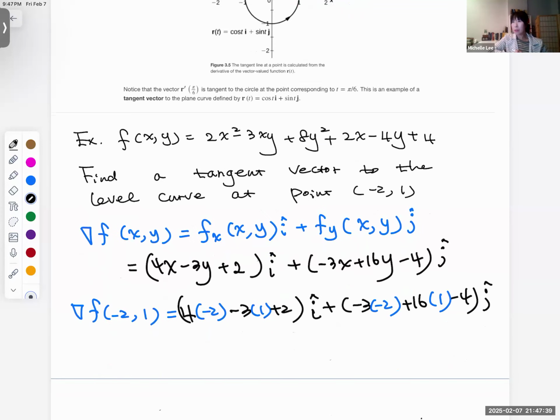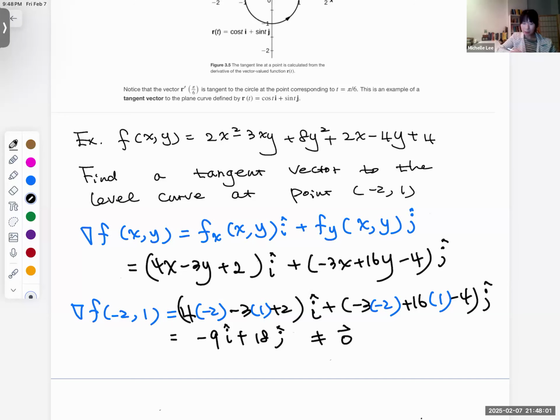Okay, can you please calculate? So we get negative 9 i hat plus 18 j hat. So that is not the zero vector, right?